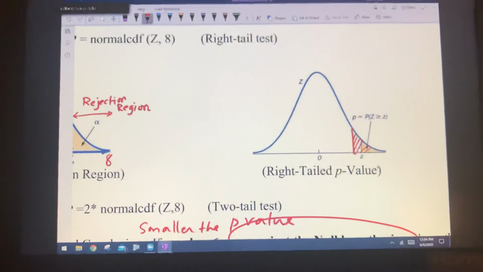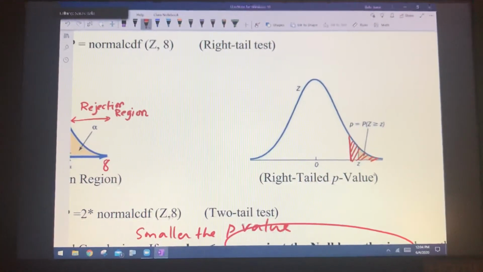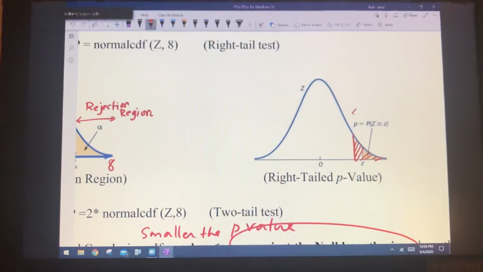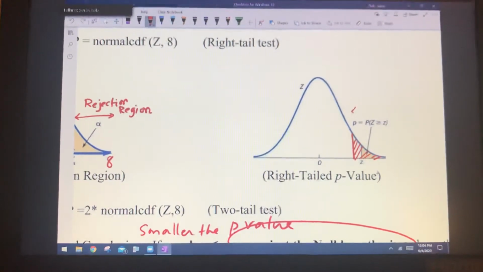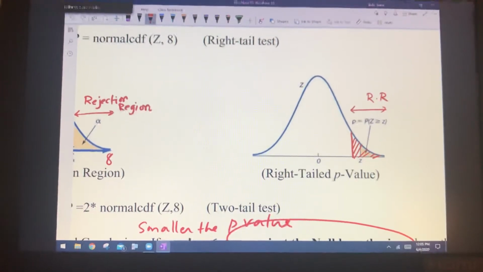This is the yellow shaded area for my probability. So this is going to be rejected because the yellow area is the probability.